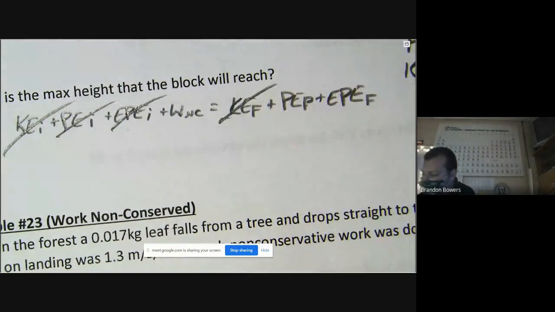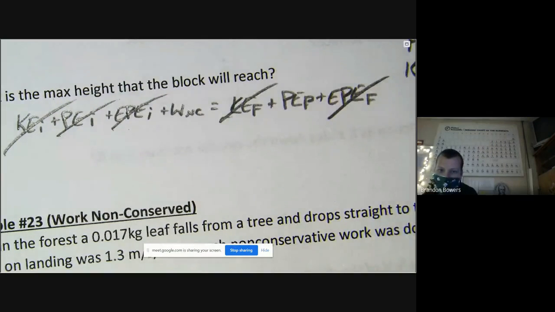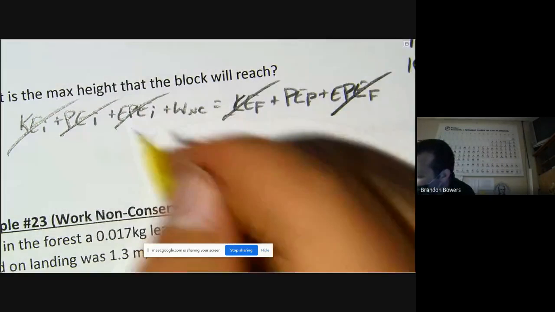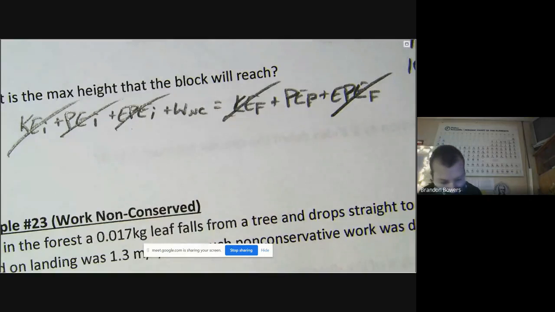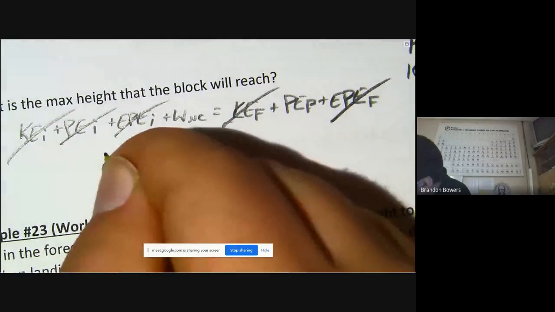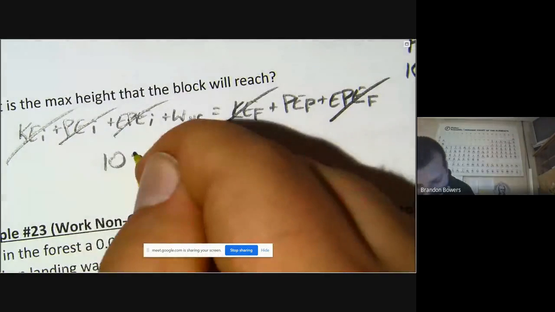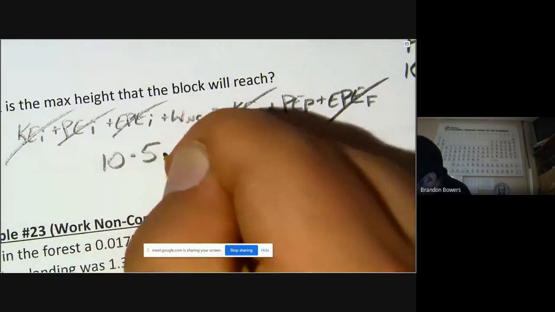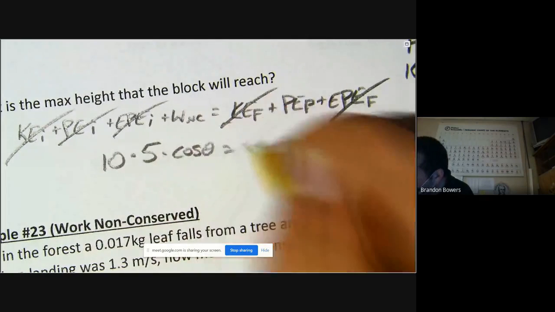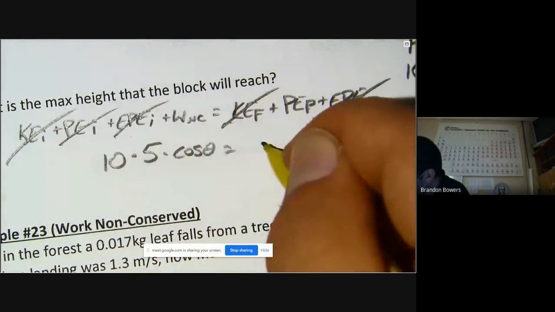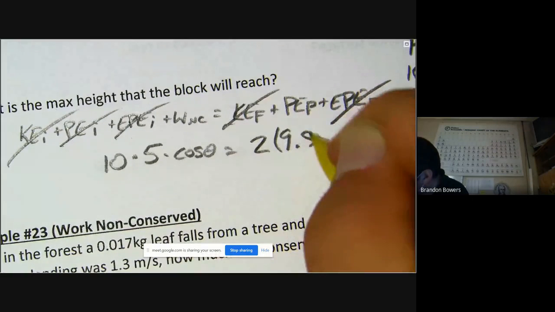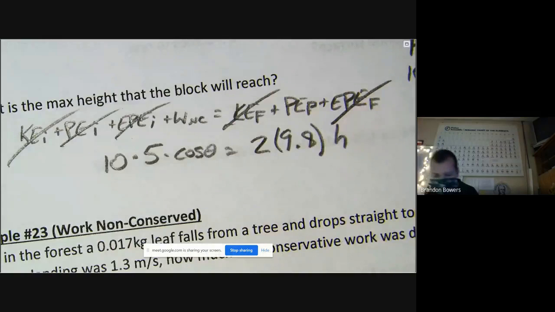No, it's going to come to a stop, which means still no. So all I have is work non-conserved, which is 10 times 5 times cosine of theta, equal to potential energy, which is mass times gravity times height.